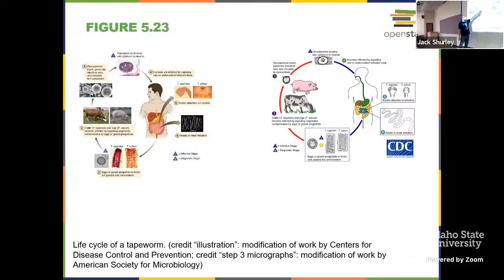Dependent upon who it is, like I said a second ago, the Saginata has no hooks, the Solium has hooks, both of them growing in our intestines, all right? They get to the adult stage. It kind of just depends on the circumstances: a couple of meters, maybe up to 5 meters in length that they can grow.